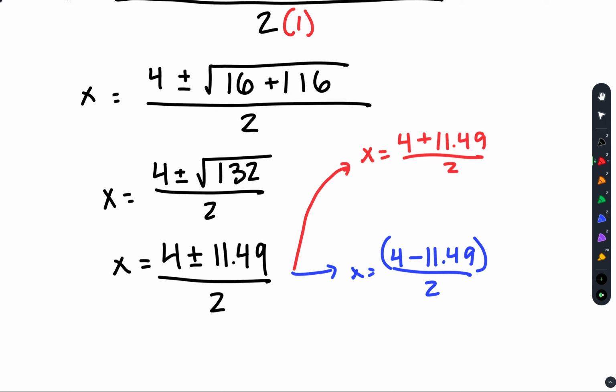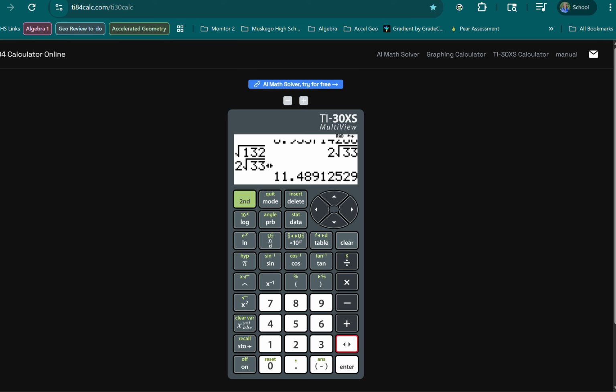Again, I'm going to plug this all into my calculator. I'm going to put the top part in parentheses so I know that I'm dividing that entire thing by 2. Let's get 2 answers. 4 plus 11.49 divided by 2. And then 4 minus 11.49.